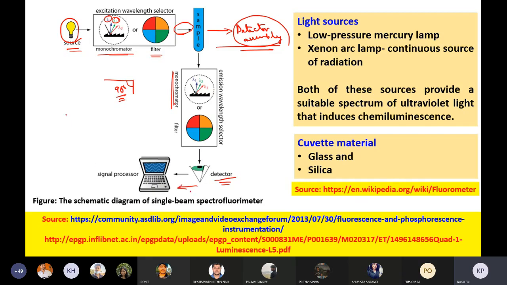So in fluorescence spectrography, you will find some peaks like this where you will be having wavelength and then intensity I at a specific excitation wavelength.